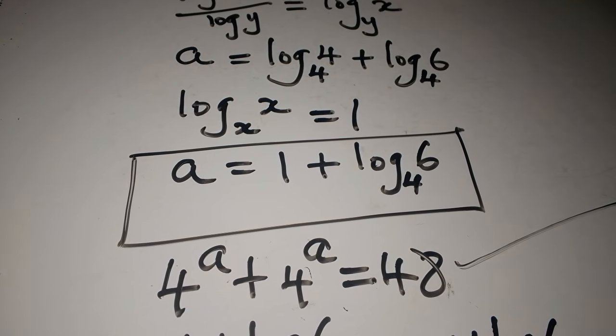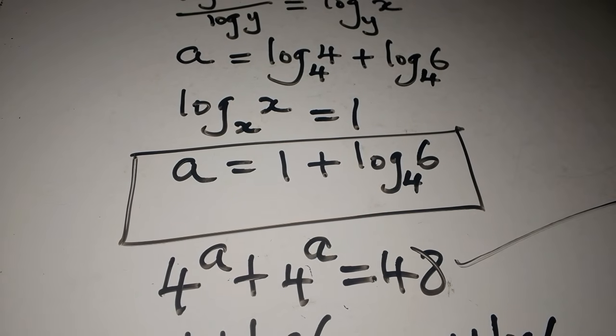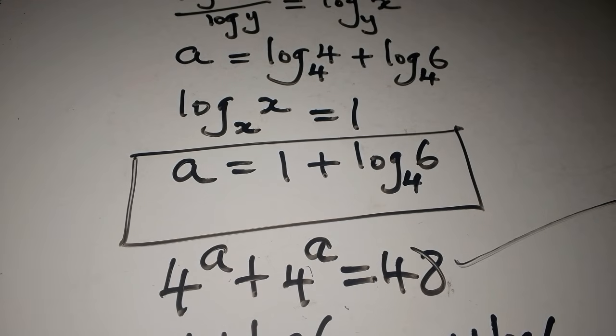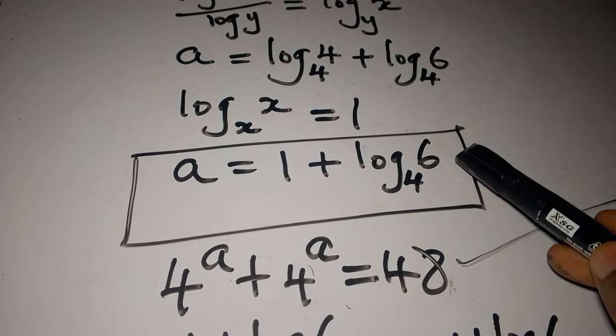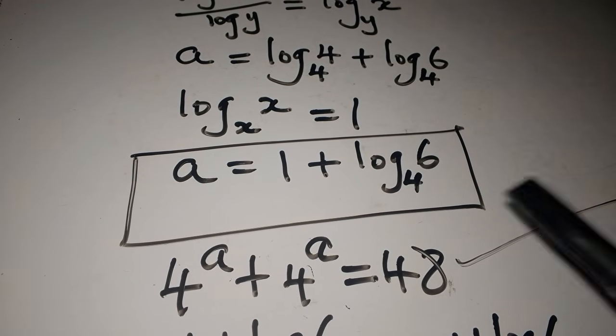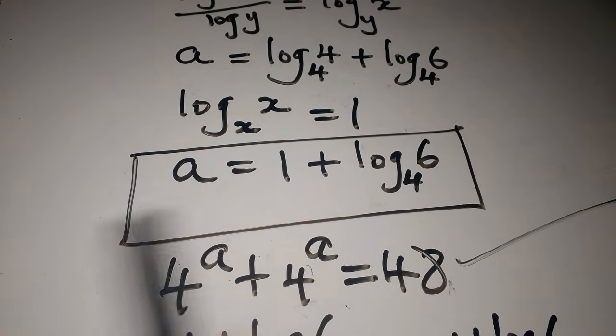And if you don't want to have your answer in this form, you can have your answer in decimal form. So you press log 6 to base 4. Then if your calculator is not scientific enough, you can enter log 6 divided by log 4. So it will give you the value of this, then add 1.